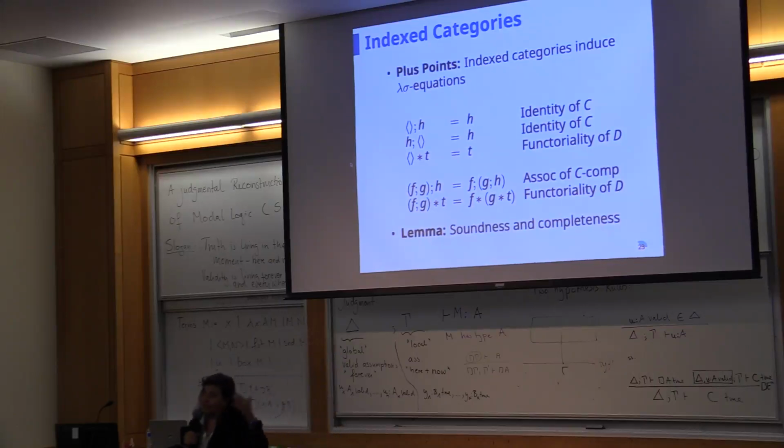We have identities for both sides, and associativity of the composition on the base, and functoriality of the D functor that takes the band to the basis. And so we have associativity and composition functoriality of the D, and the projections as you expect.